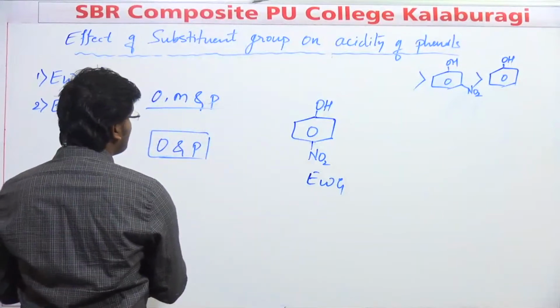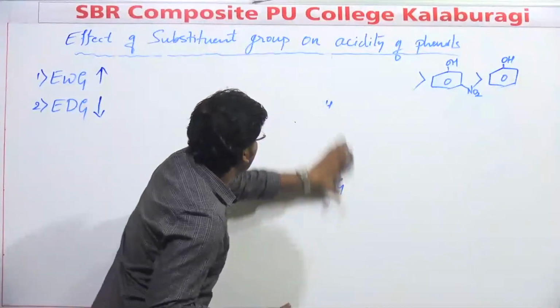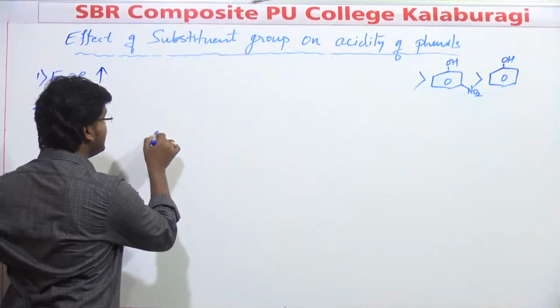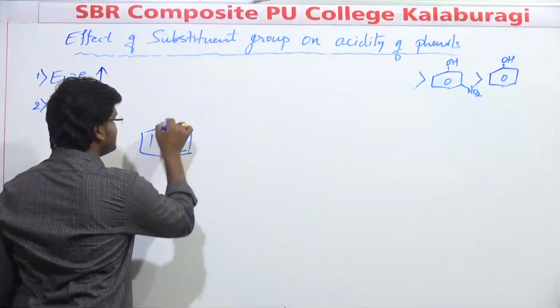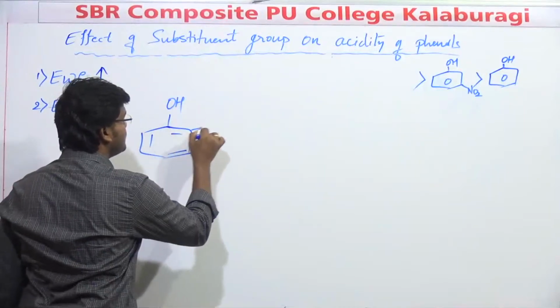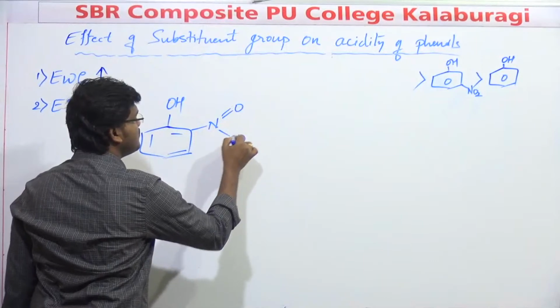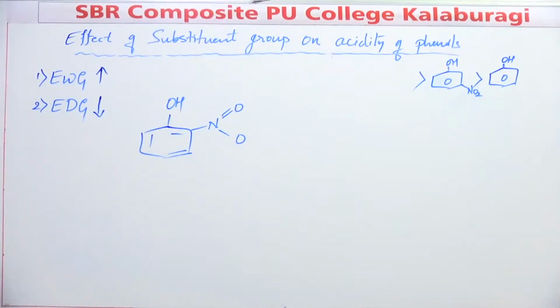First, let me talk about why ortho and para are more acidic compared to meta. I said there occurs a resonance. For example, in case of ortho, there is N double bond O and single bond O. So the resonance occurs over there.